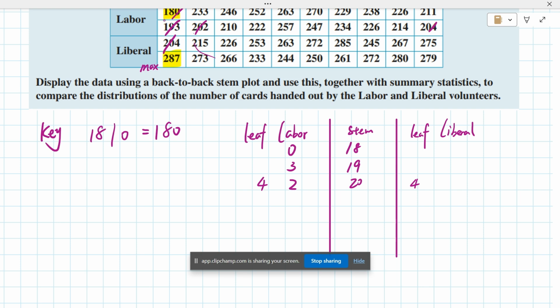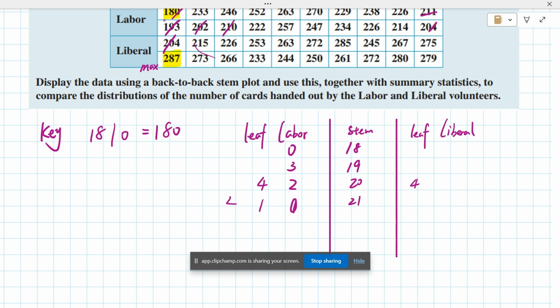And that's it. So we keep going, 21. What we have is 21, with 0 and 1, and 4.